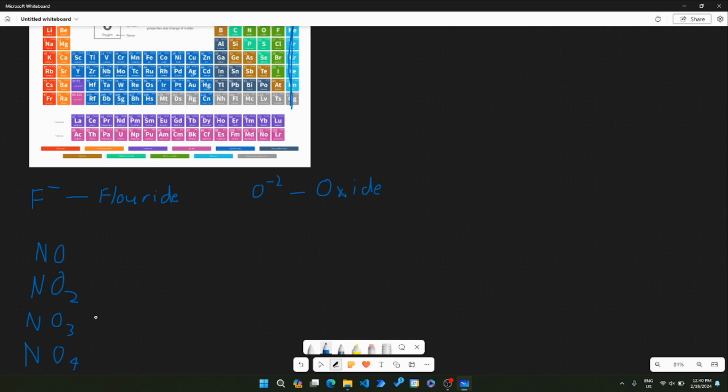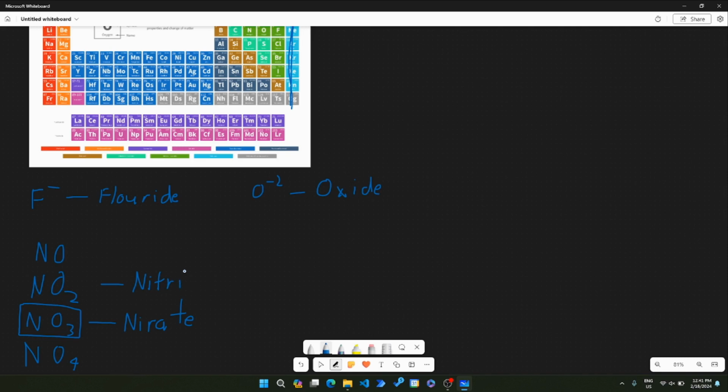Now, the only one you need to memorize is this one here. You need to memorize the formula for this one, because the other ones you can tell. So this one is nitrate. You need to memorize the one that has an ending of nitrate. Now, if you have one less oxygen than nitrate, the ending becomes nitrite.